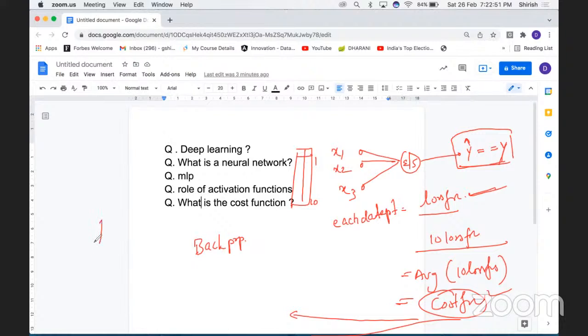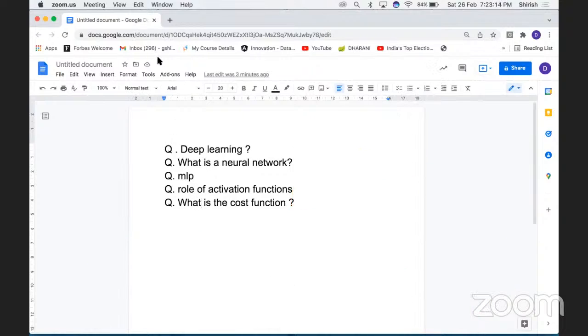Back propagation, to decrease your cost function, improve the performance of the network, and reduce your error. That's where back propagation is used. There is one more concept here, called gradient descent. What is gradient descent?